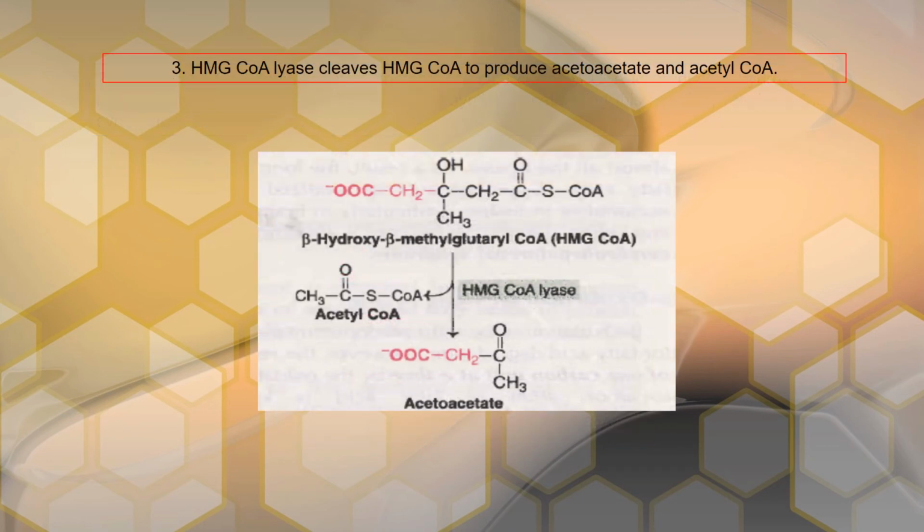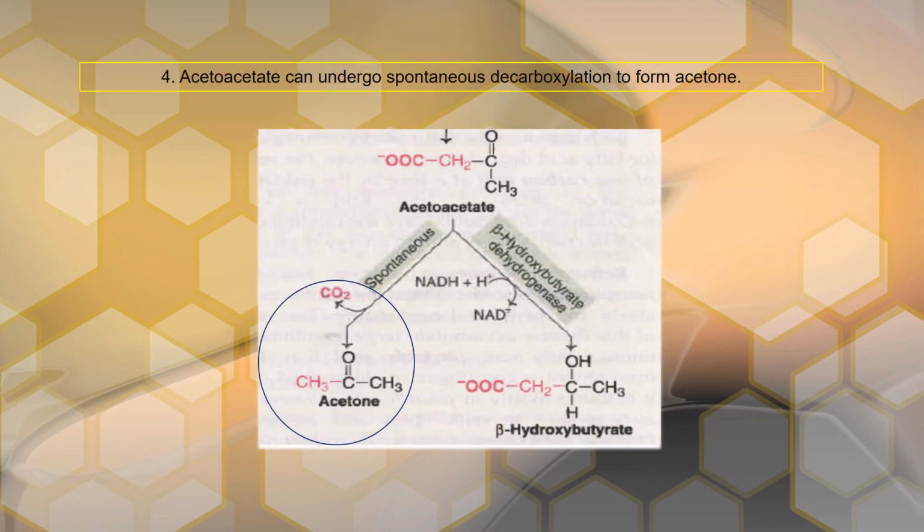Step 3 is a simple process. In this, HMG coenzyme A lyase cleaves the HMG coenzyme A molecule to produce two components. One is acetoacetate and second is acetyl coenzyme A. The newly formed acetoacetate spontaneously undergoes the decarboxylation process to form the acetone, which is a ketone body.